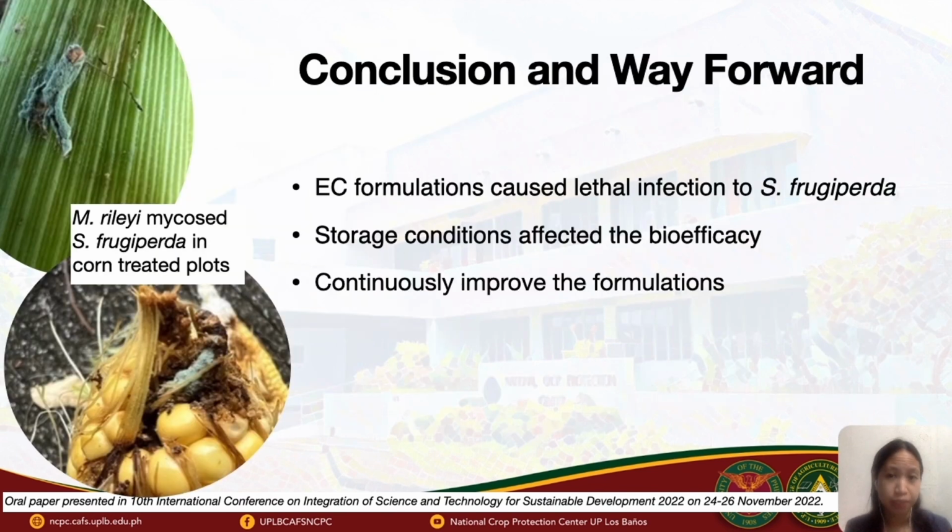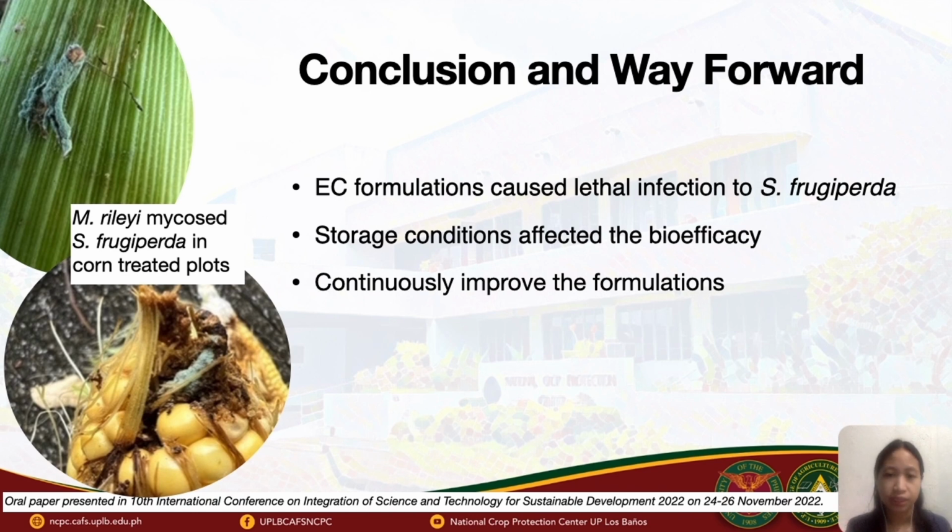This research work explored formulating a Philippine Metarhizium rileyi isolate from Spodoptera exigua as EC formulation using various organic oil solvents as liquid carrier with emulsifying agent. It was evident that storage conditions affected their bioefficacy. It should be noted that this study employed varying methods in isolating the fungus and in formulation, suggesting the differences in our findings with the previous results.